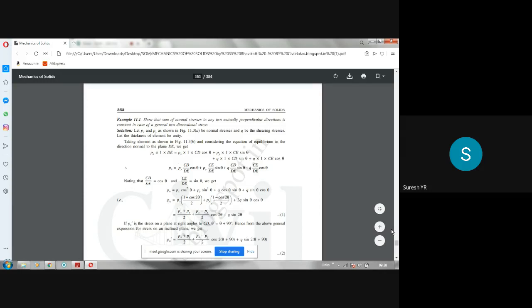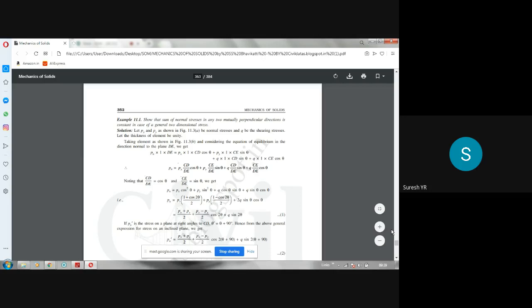Show that the sum of normal stresses in any two mutually perpendicular directions is constant in case of a general two-dimensional stress. This is like a derivation or bookwork. So what does it mean? Sum of normal stresses on any two mutually perpendicular directions.